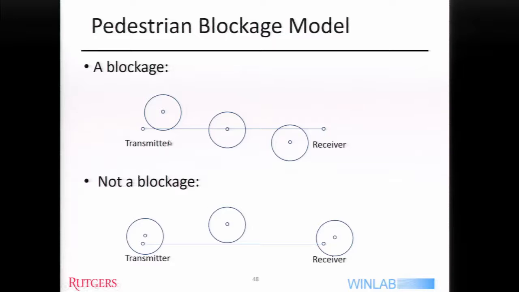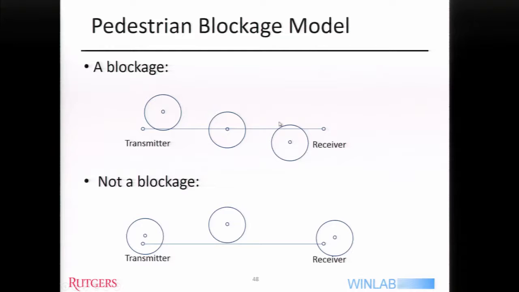And here is our pedestrian blockage model. This is the line-of-sight link between the transmitter and receiver. Here are the three scenarios. If we model a person as a cylinder and project it to the XY plane, it becomes a circle. So if the person is across the link, this link will be blocked.